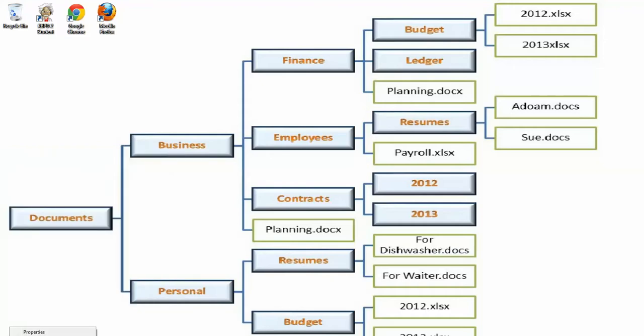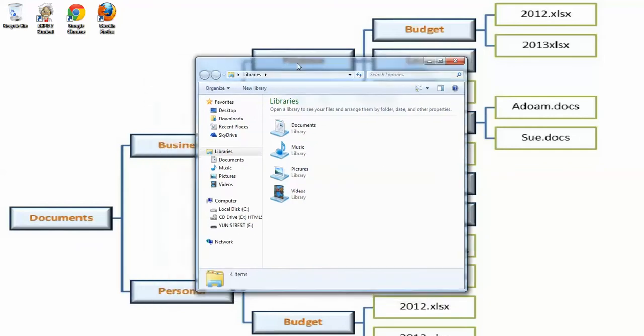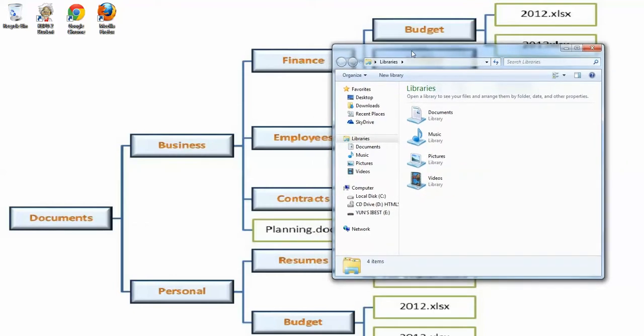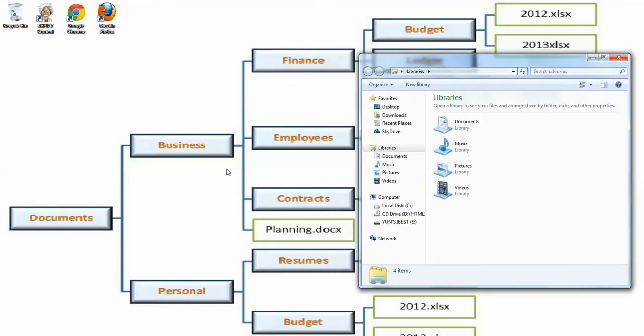Right click, and then there's a little blip, and then click on Open Windows Explorer. Windows Explorer is a file management application in the Microsoft Windows operating system. I'm going to copy the basic structure of the folders and then create it here.